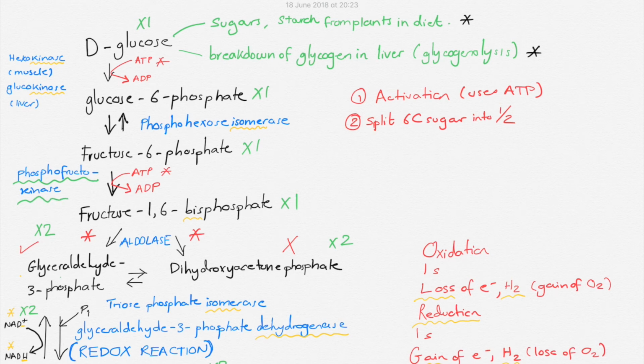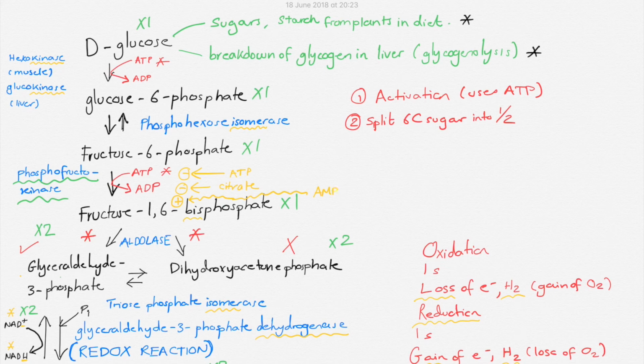For example, there can be ATP, and ATP will block this pathway. There can also be citrate, which will block this pathway. On the other hand, there can be things like adenosine monophosphate, and these things stimulate fructose 6-phosphate to go into fructose 1,6-bisphosphate.